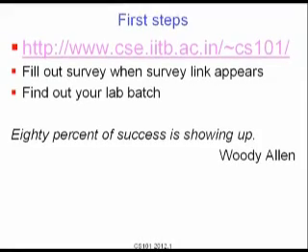On the home page, it's already appeared, although you don't see it in this version of the course page. You'll find a survey link which tells us about your background in handling computers and programming, if any. You should fill out that survey between now and the time that you do your lab session tonight.